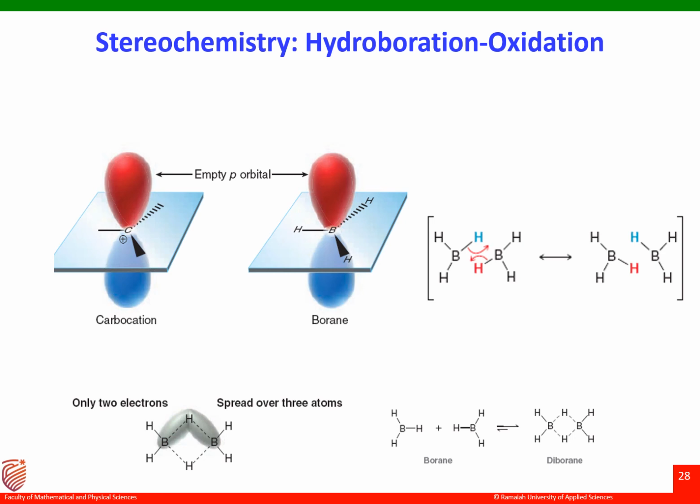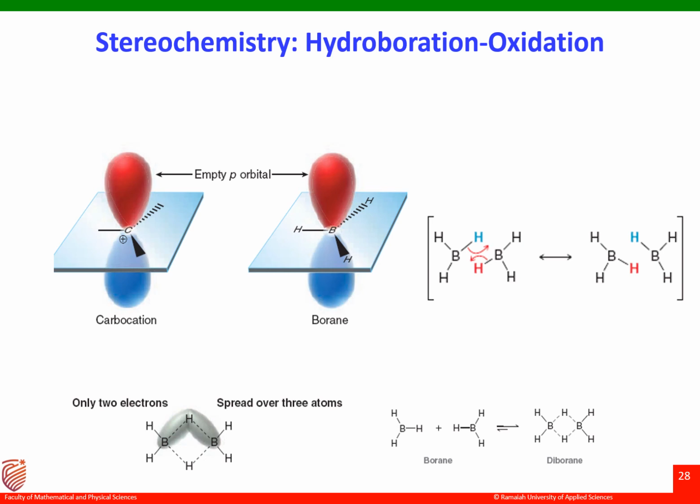Such bonds are called 3 center 2 electron bonds. In organic chemistry, there is another example of 3 center 2 electron bonds. However, we will not encounter any other example in this context right now.